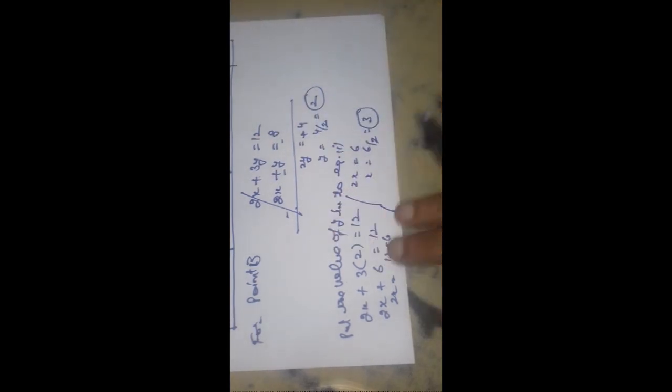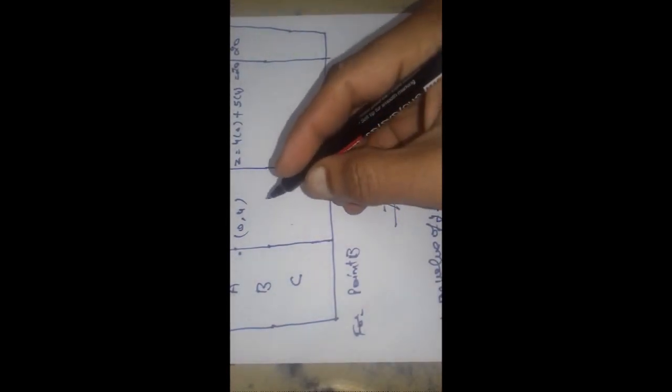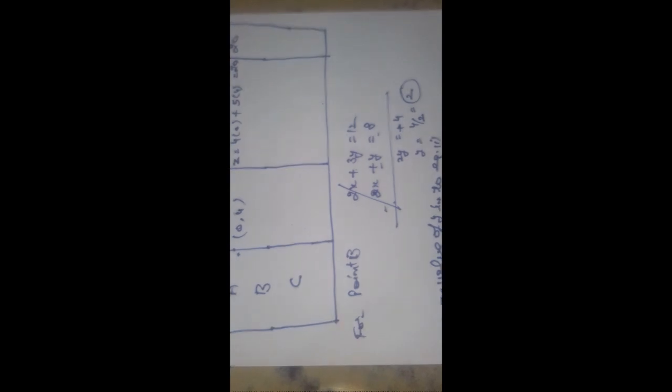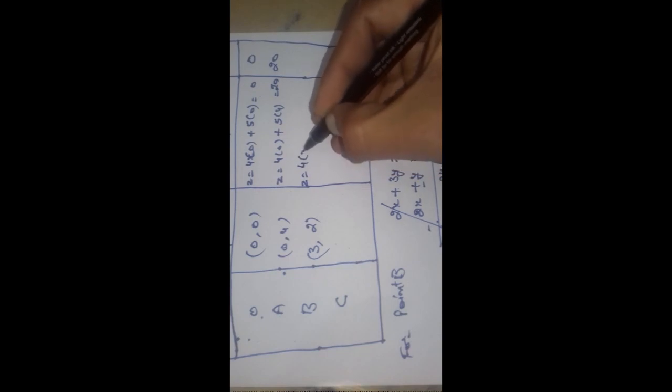We can write down, for getting the maximum value, the subject is maximization. So at B, we got 3 comma 2. These are the coordinates which we got. That is z equals to 4 into 3 plus 5 into 2 equals to 22.